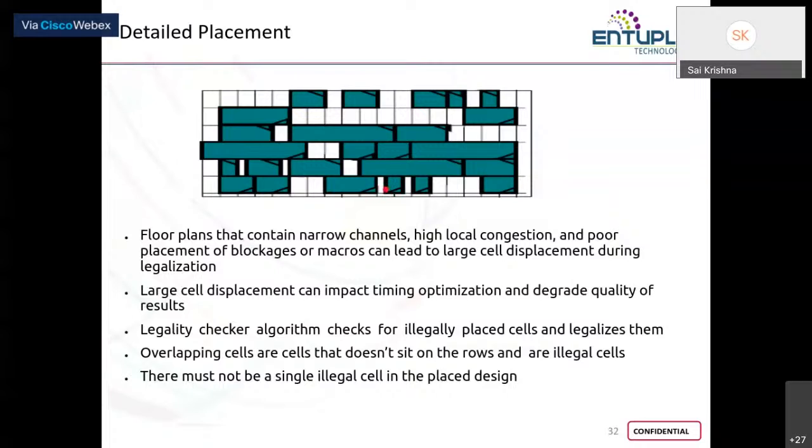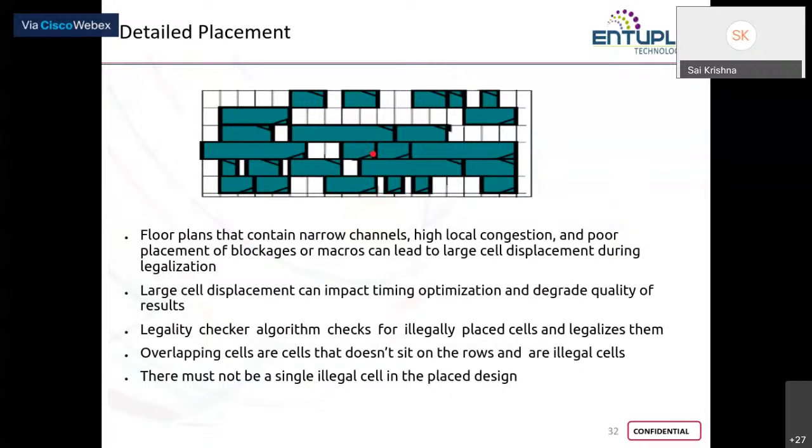But sometimes your EDA tool might place these two standard cells a little closer than required, which will leave not enough space for all the pins to be routed. So that calls in your routing congestion.